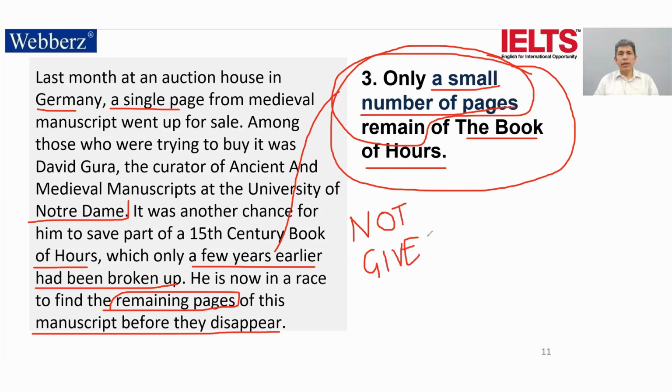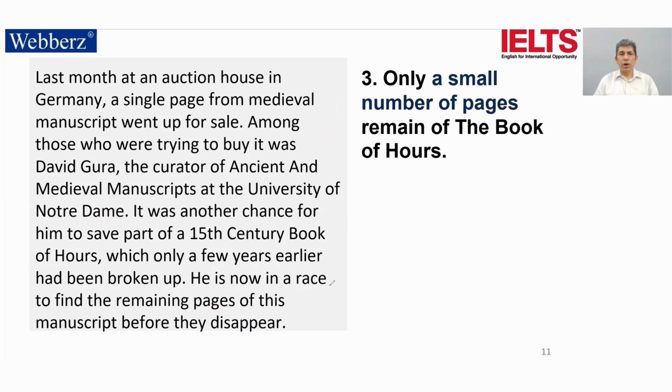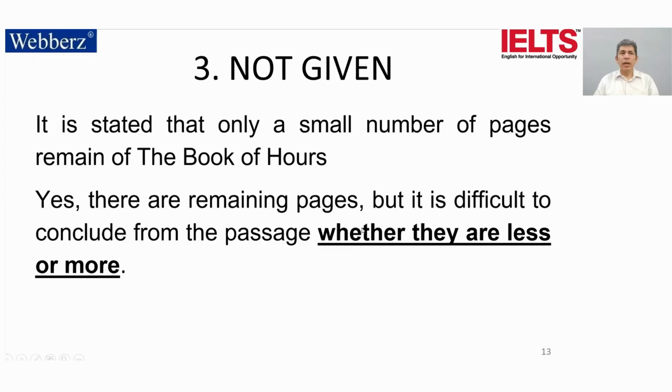So that's the way you figure out the answer is true, false, or not given. Now let's see the explanation here. It is stated that only a small number of pages remain of the book of hours. Yes, there are remaining pages, but it is difficult to conclude from the passage whether they are fewer or more. We don't know. We can't figure it out. It's very unclear.